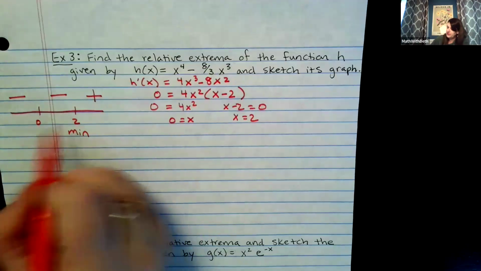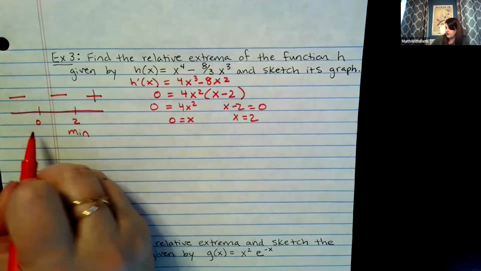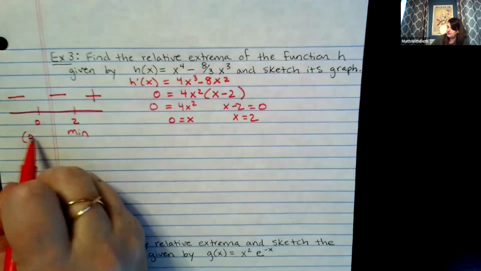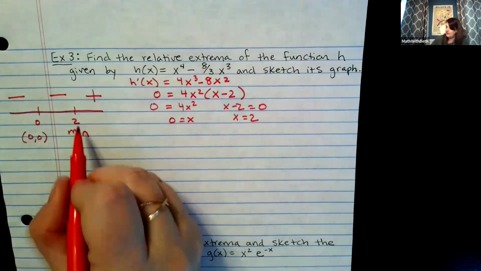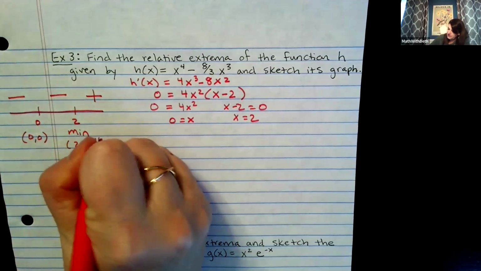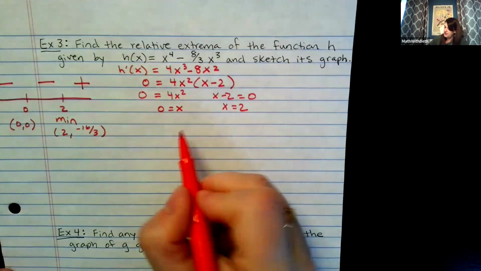So plug these points in just to see what's going on. So if I plugged in 0 at the very beginning, I would get 0. And if I plug in 2, I would get -16/3.